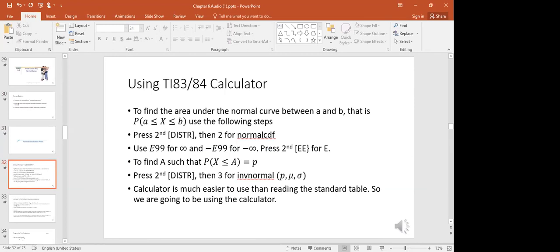So if you are to read the table, you will find the standard score for a and b and use the table to find the probability. But because I am encouraging you to use your calculator, you are going to adjust the mean from 0 to the new mean and the standard deviation from 1 to the new standard deviation to answer questions about a regular normal distribution.